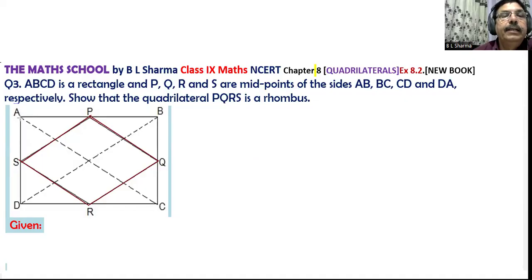Say the diagonals of a rectangle are equal. ये AC और ये BD इक्वल है क्योंकि ये रेक्टेंगल है. बाय मिड पॉइंट थ्योरम वी कैन से दैट AC का हाफ हो गया SR, AC का हाफ हो गया PQ, सो SR और PQ इक्वल हुए. इसी तरह से डायगोनल BD का हाफ हो गया SP और ये हो गया RQ. वाई? यूजिंग द मिड पॉइंट थ्योरम.